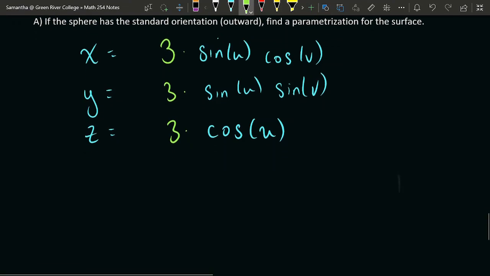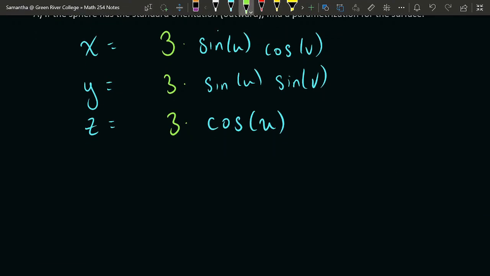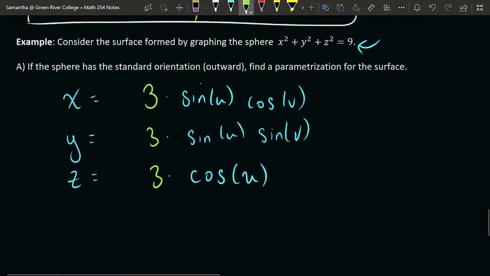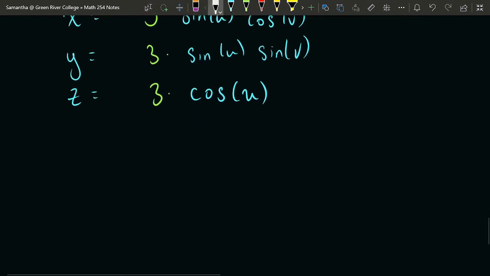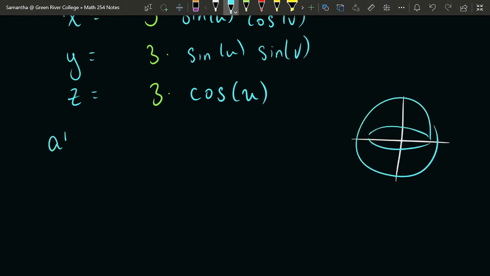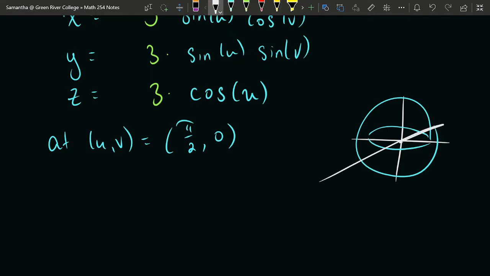So now, let us check whether this parametrization corresponds to an outwardly oriented sphere. Yesterday we saw that if we consider the location where u was equal to pi over 2 and v was equal to 0, then that corresponded to this location on the front of the sphere.